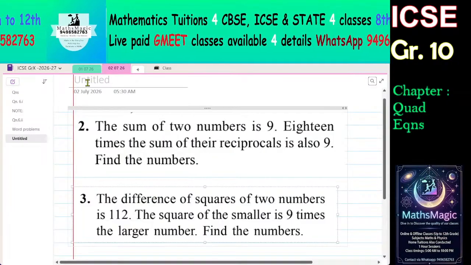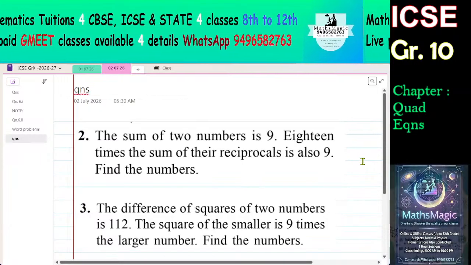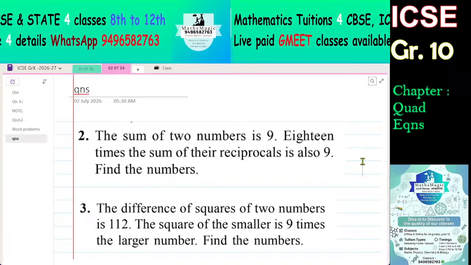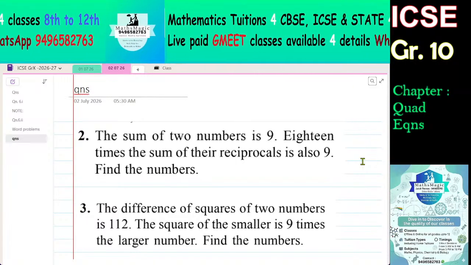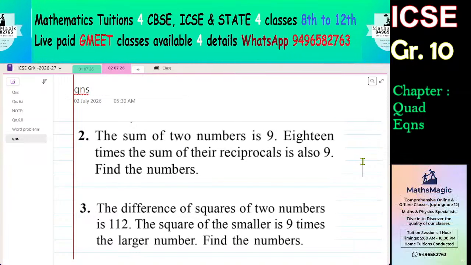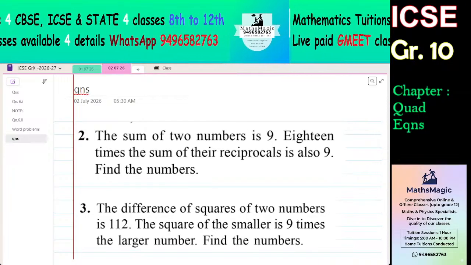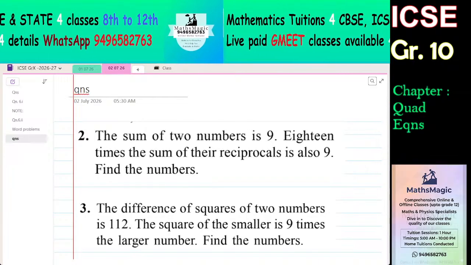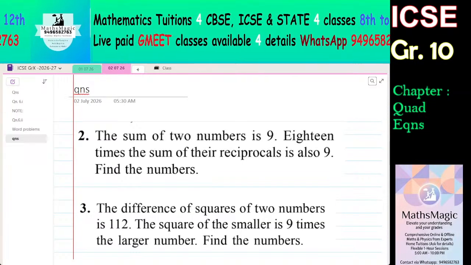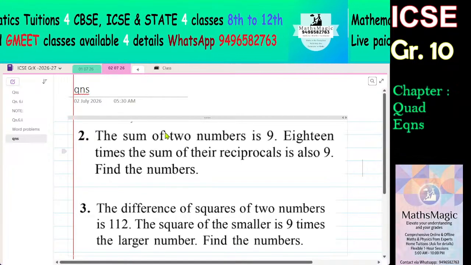And what about the answers of these questions? The sum of two numbers is 9. 18 times the sum of their reciprocals is also 9. Find the numbers. Let me check the answers. Okay, many mistakes have crept in.